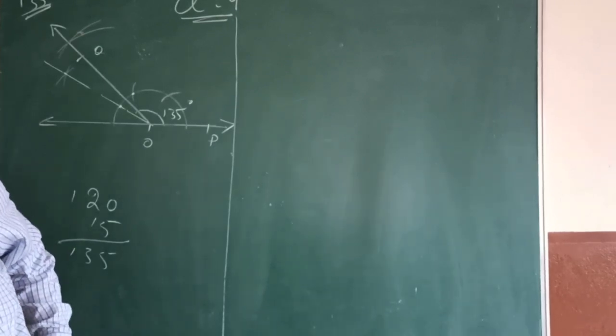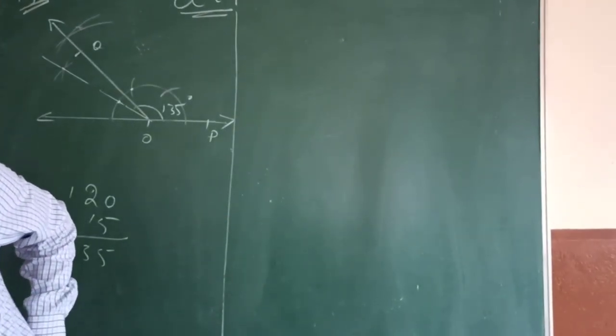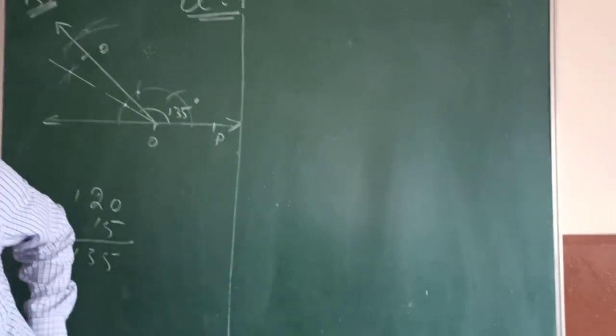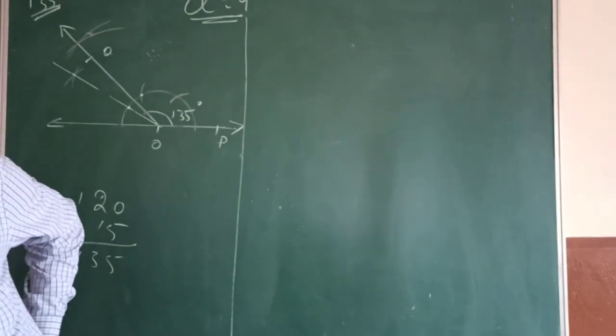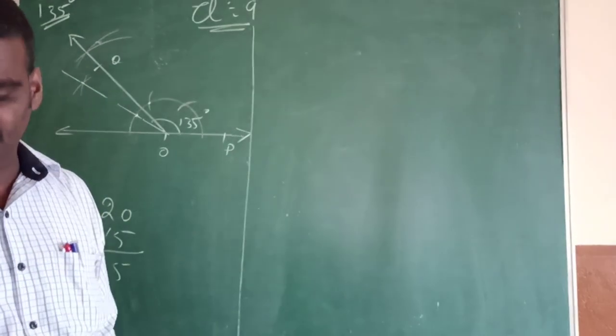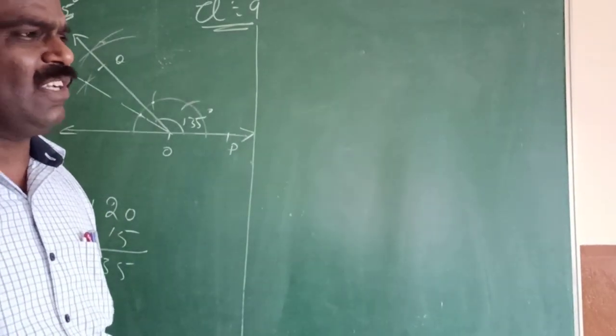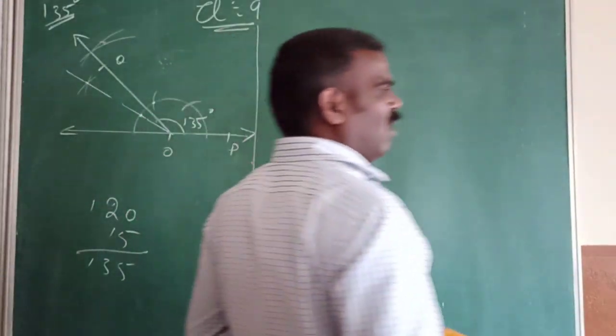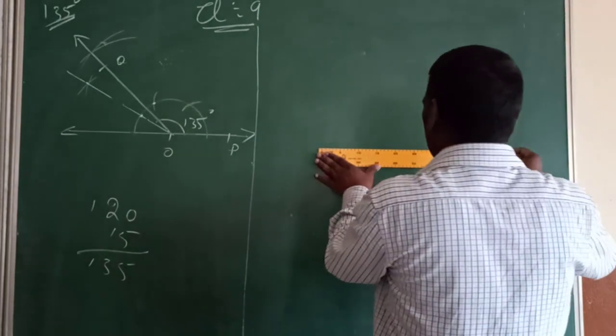Question number 5 tells, construct an equilateral triangle, given its sides, and justify the construction. Equilateral triangle sides are not given, so we have to let us assume its sides. Okay.